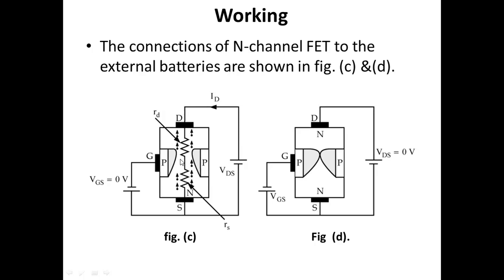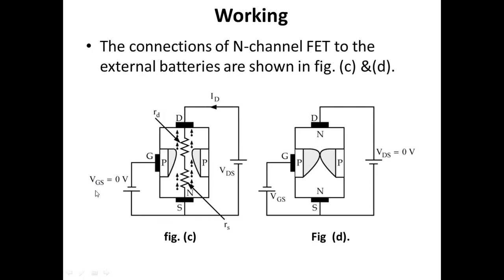When VGS and VDS both are applied, what happens? A reverse voltage VGS is applied between the gate and source. You see here, the negative terminal is connected to the P region and the positive terminal is connected to the N region, so it is in the reverse bias condition.